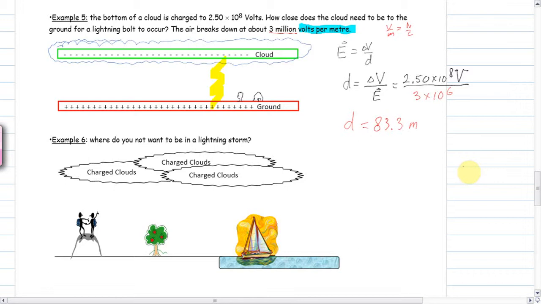So the cloud has to be relatively close, unless of course the clouds have built up a lot more voltage.